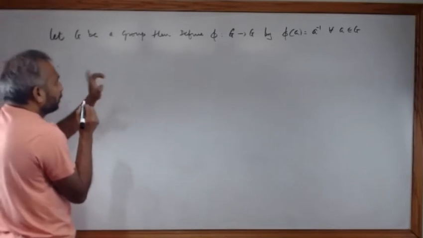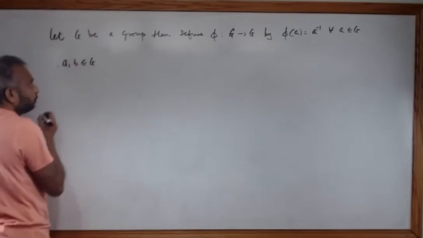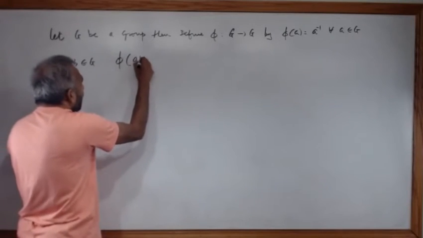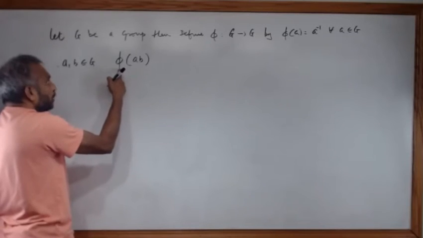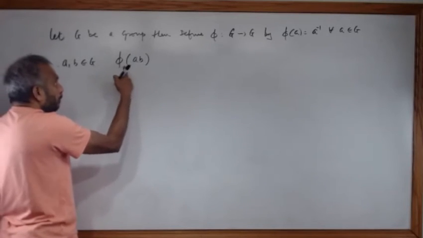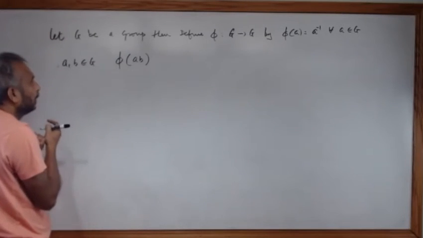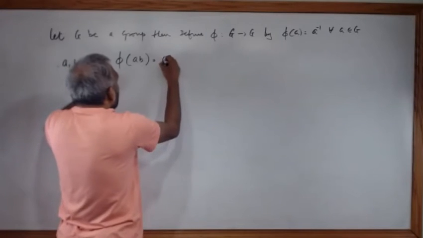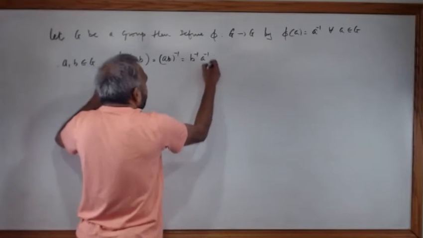So what you do is take two elements, A comma B in G. We want to prove that phi of AB is equal to phi of A times phi of B. But what is this? This is actually equal to AB inverse, and that is equal to B inverse A inverse.